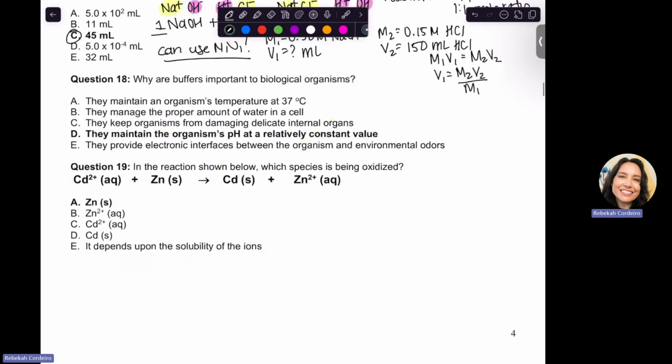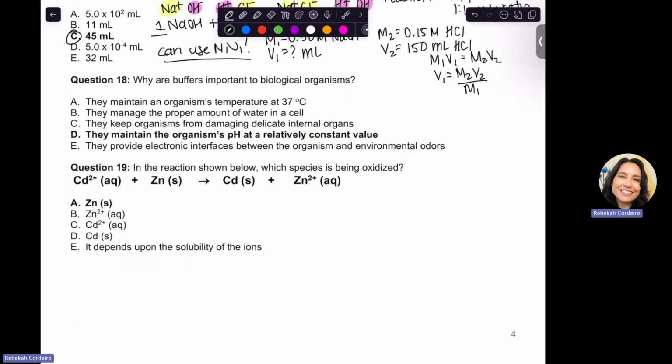Why are buffers important in biological organisms? Buffers' job is to maintain pH, to resist changes in pH, not to maintain temperature, not to maintain amount of water. Yes, it might be a thing that can happen, but to keep organisms from damaging, that's not what buffers do.